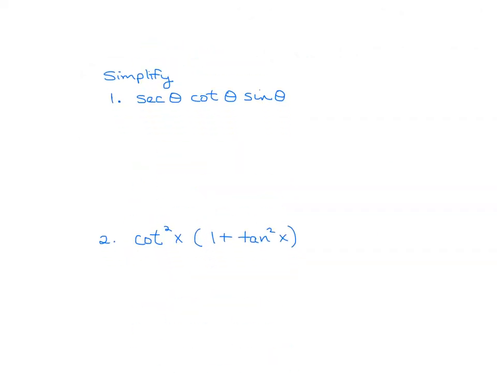When we simplify, we don't want any fractions. So we're trying to simplify as low as we can, and we're going to be replacing each of these with either a quotient identity, a reciprocal identity, or a Pythagorean identity. Now, when the 3 things are being multiplied, we're going to go back to like our 3rd or 4th grade math where we multiplied fractions.